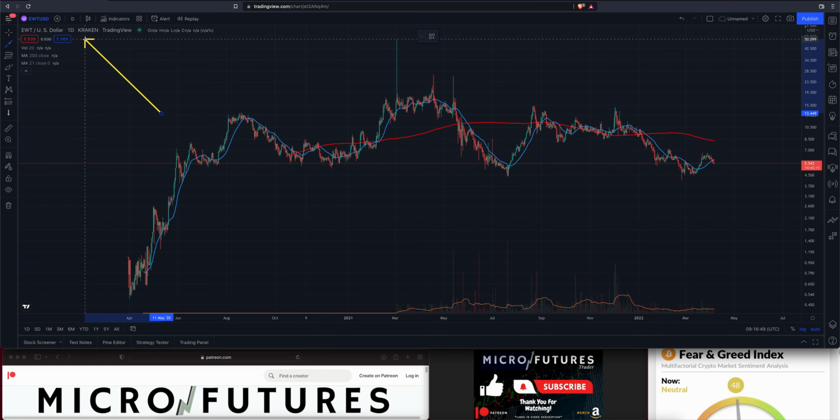Now, there are some other pairs. I am just going with the US dollar. And just a little heads up, I am not familiar with this project. I am just looking at this from a chart and a TA perspective. So if you take into consideration all of the other factors and projects, I am not doing that.